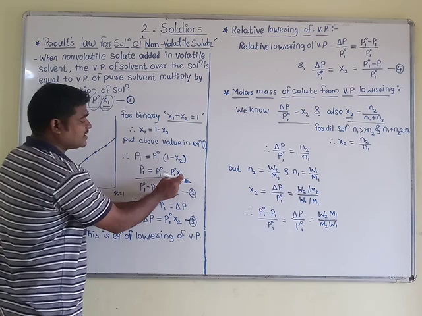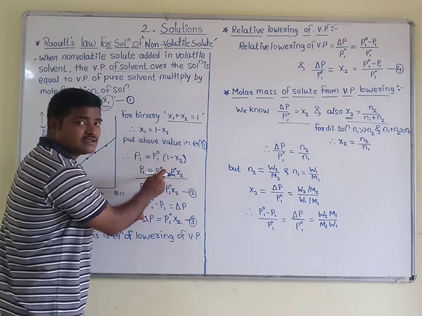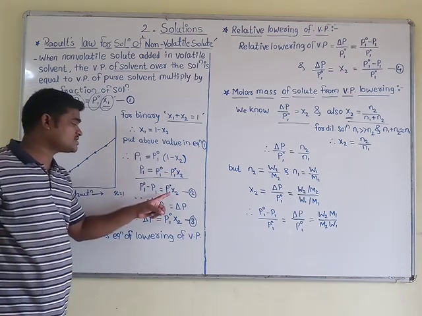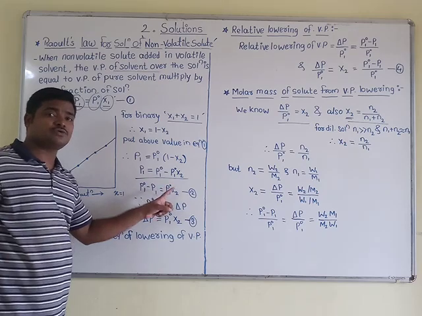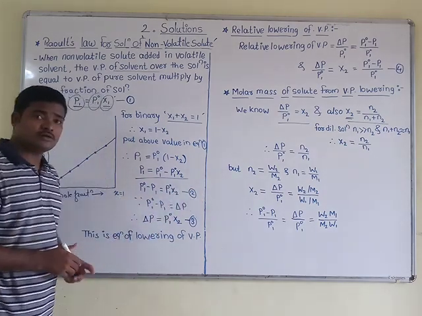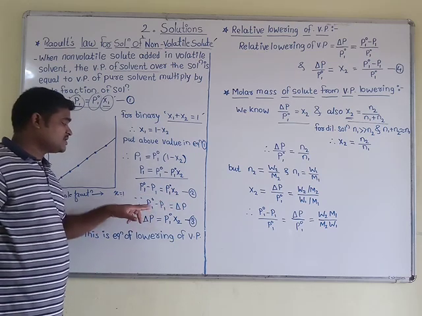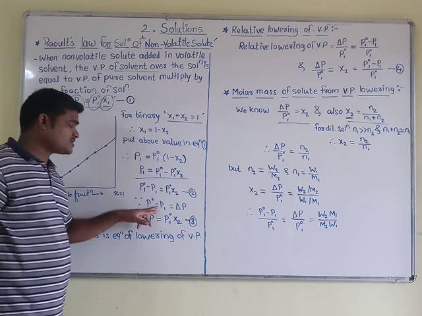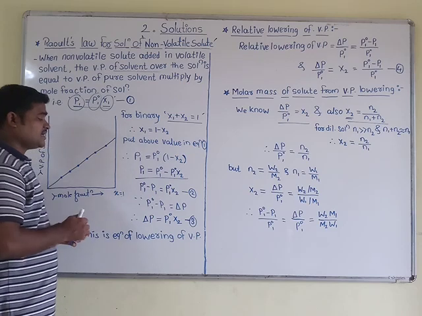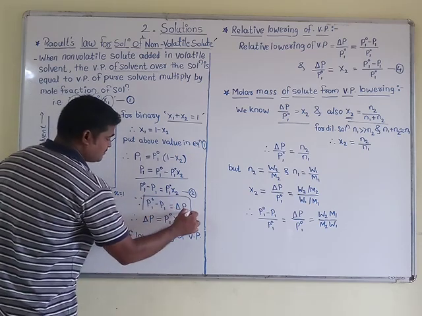The term minus P1 0 x2 has a minus sign, and if I take it to the left-hand side, it becomes plus P1 0 x2. I have called this equation number 2. Then the term P1 0 minus P1 is called delta P.